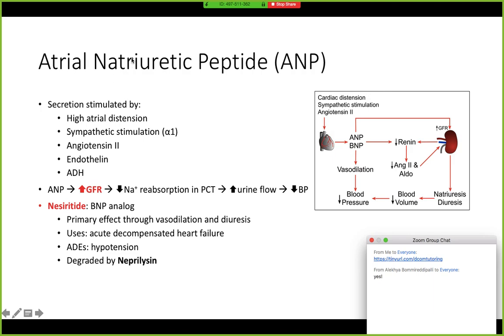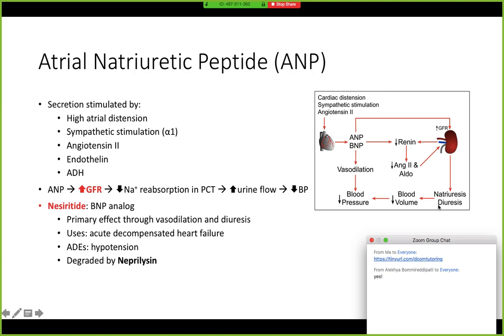Okay, so atrial natriuretic peptide. Its secretion is stimulated by high atrial distension, alpha-1 activation, angiotensin 2, endothelin, and ADH. When you have ANP released, it's going to increase your GFR, which is going to lead to natriuresis and diuresis.